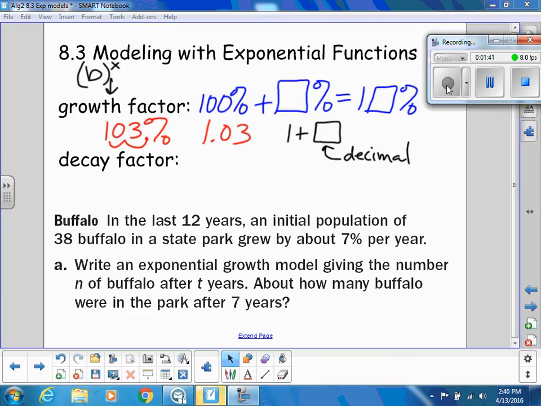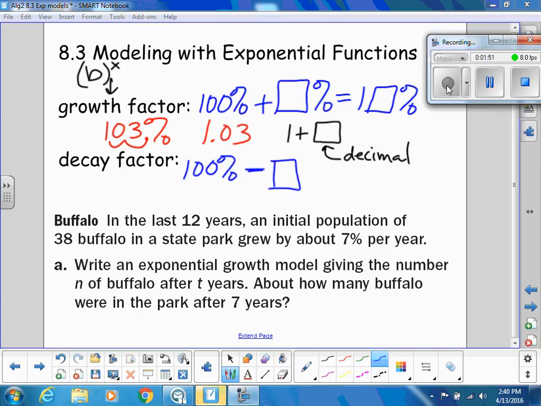Decay factor is the same thing, except instead of adding on to 100%, we always start with that original amount, 100%. We're subtracting a percentage from that. So that's going to be something that's lower than 100%. So it might be like 80% or 73%.